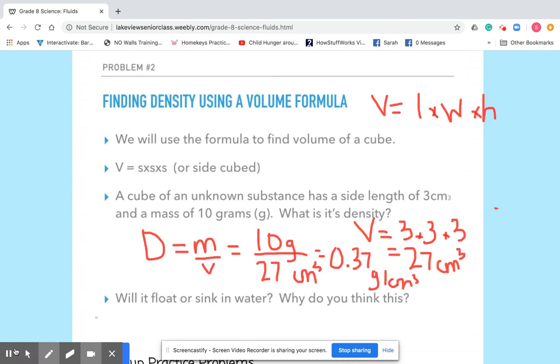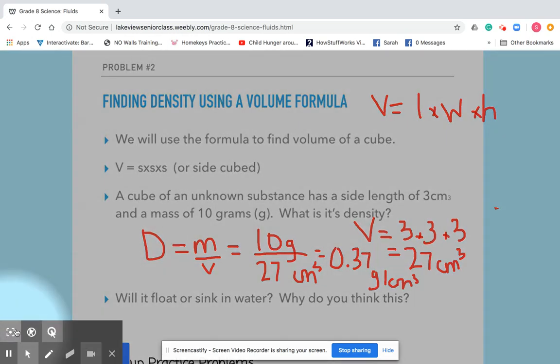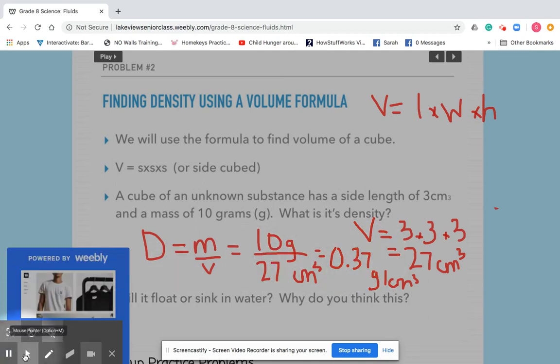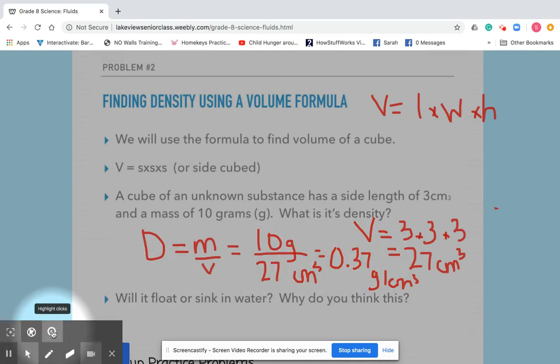Well, since this unknown object's value is less than 1, it would actually float on top of the water. And that is because it is less than water's density. It is less dense than water. Anything that's less dense than water will float. And anything that's more dense or greater than 1 gram per milliliter or 1 gram per cubic centimeter will actually sink in water. So we had learned that before the break, but I just wanted to throw that little review in there for you. Okay.